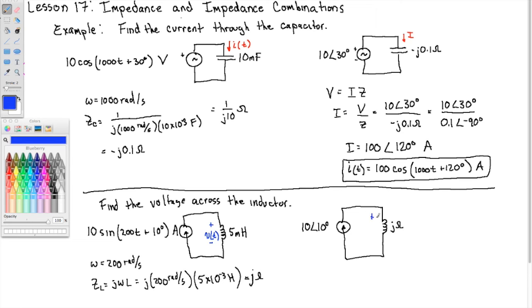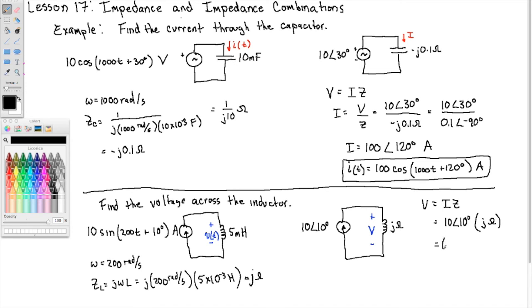And here's the voltage I want. I'm going to give this capital V. Again, here's the beautiful part. I can use V equals IZ, Ohm's law. So this is 10 amps angle 10 degrees times J ohms.